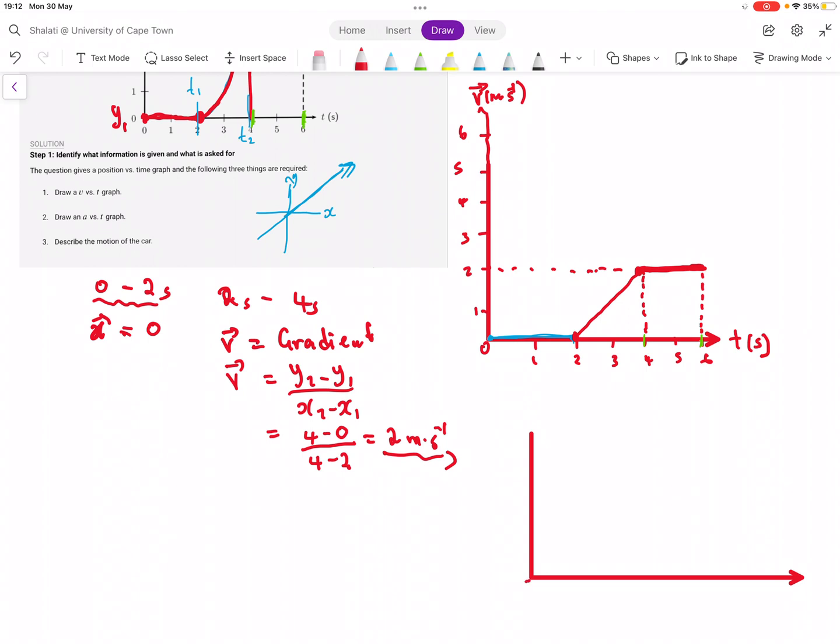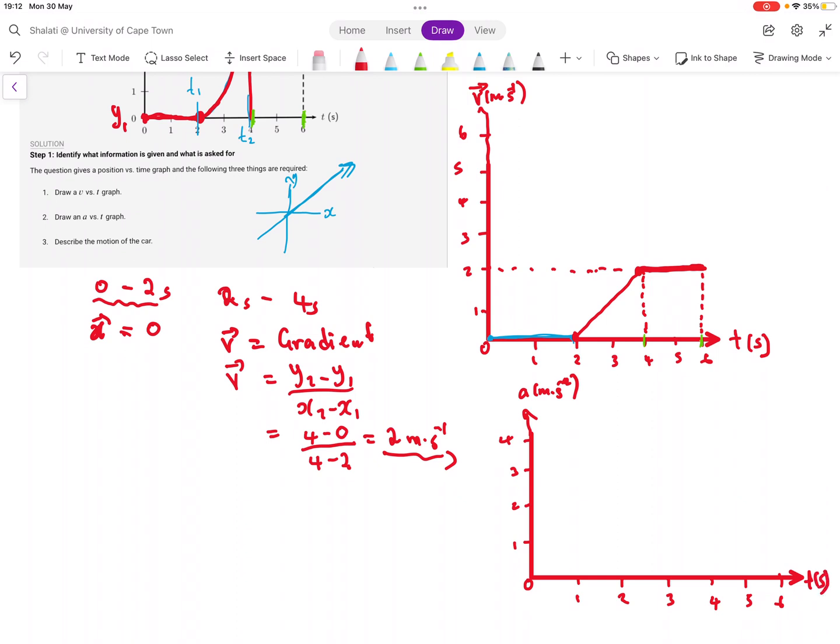So I have 0 seconds, 1, 2, 3, 4, 5, 6, and 1, 2, 3, 4. Here I have acceleration in meters per second squared. Then here I have time in seconds.